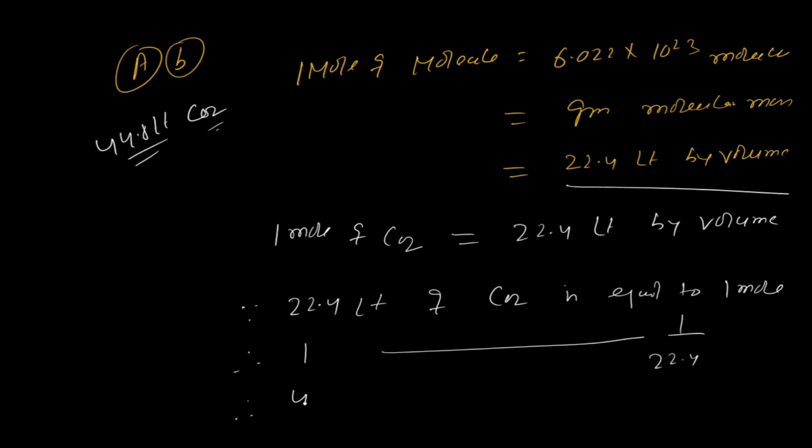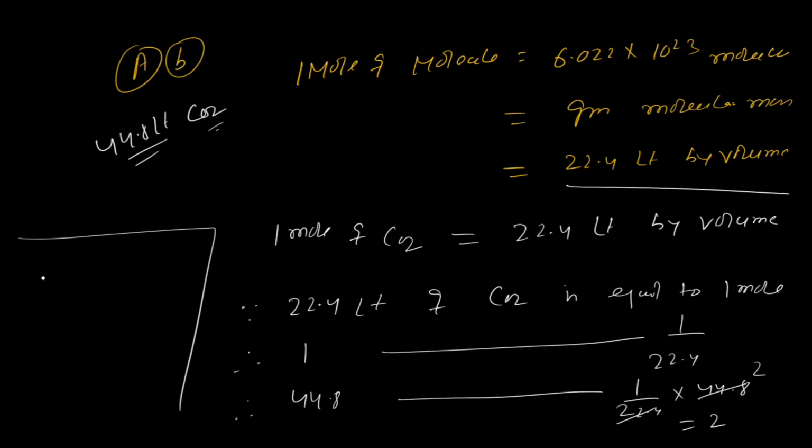Therefore 44.8 will be equal to 1 upon 22.4 into 44.8. So it will cancel by 2 times. So it's 2. So we can say the number of moles in this case will be 2. I hope you understand.